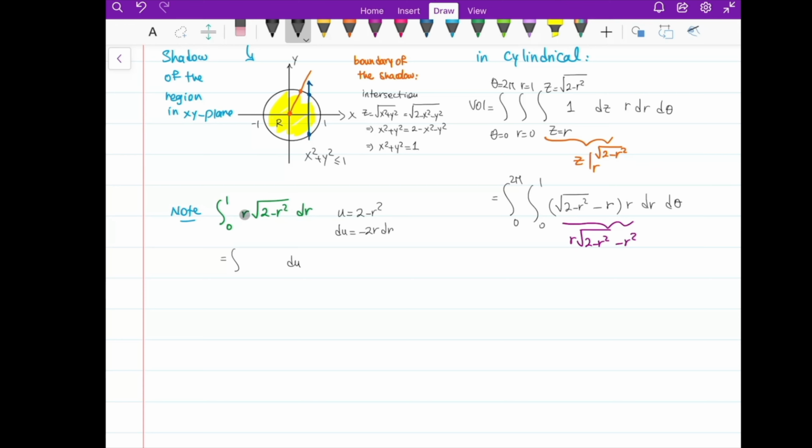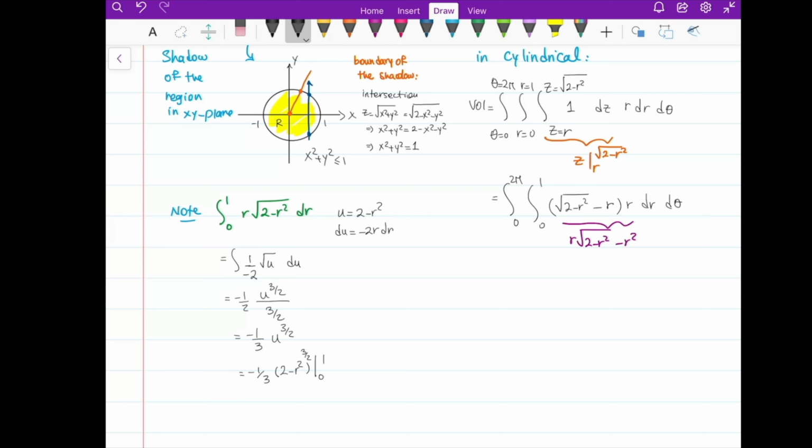So I multiplied by a negative 2, that's why I divided by a negative 2, and then square root of u, right? So I get negative 1/2, and then I get u to the power of 1/2. So it is u to the power of 3 over 2 over 3 over 2. Actually, the 2 here with that 2 here would be cancelled. So I'm left with negative 1/3 u to the power of 3 over 2, which is negative 1/3. U is 2 minus r squared.